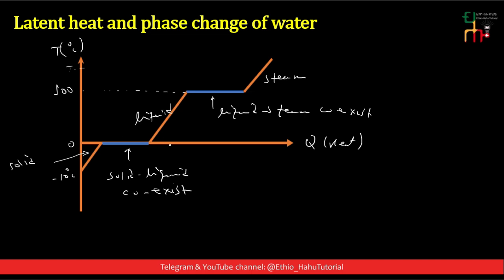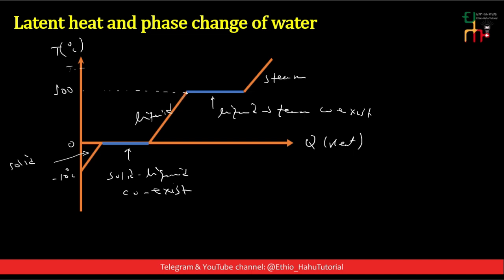In order to increase the temperature of ice from negative 10 degrees Celsius to T, we need to add this amount of thermal energy, that is Q1, the first energy, so as to change the temperature from negative 10 degrees Celsius to 0 degrees Celsius. Heat of fusion is the amount of heat needed to melt totally the solid into liquid state. Once we have liquid state, upon adding heat to the system, the temperature will rise to 100 degrees Celsius.